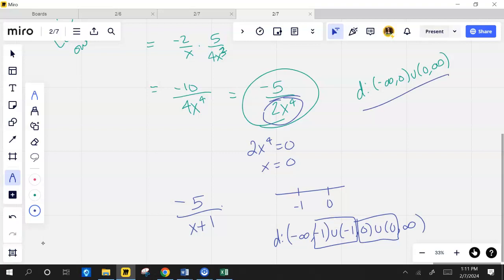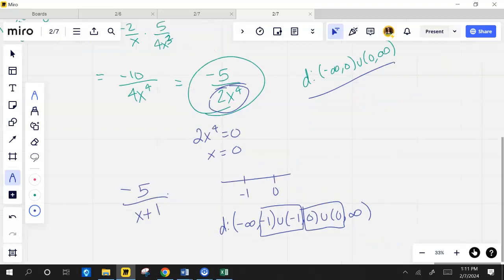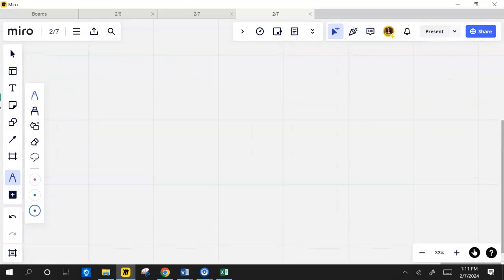For 3, so 3 starts getting into the radicals. And if you notice, that's basically what I'm focusing on here for domains. All right, so number 3, f of x is the square root of x minus 7, g of x.